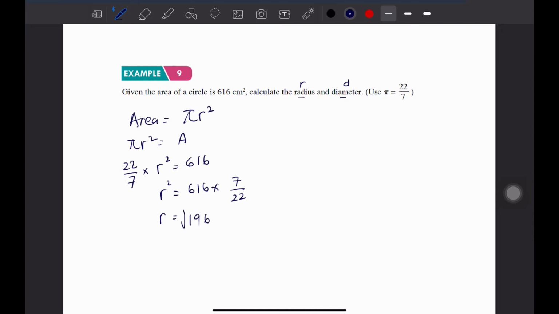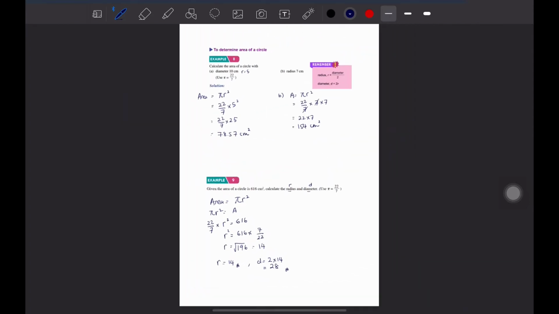Okay, so square root. The answer is 14. So radius is 14 and diameter is 2 times of radius. So 2 times 14, you will get 28. Okay, as simple as ABC. Okay, am I right?